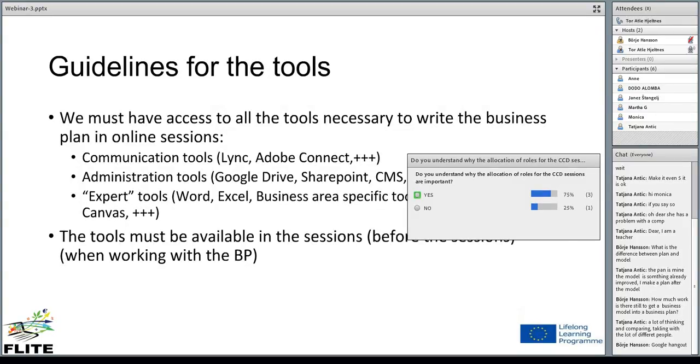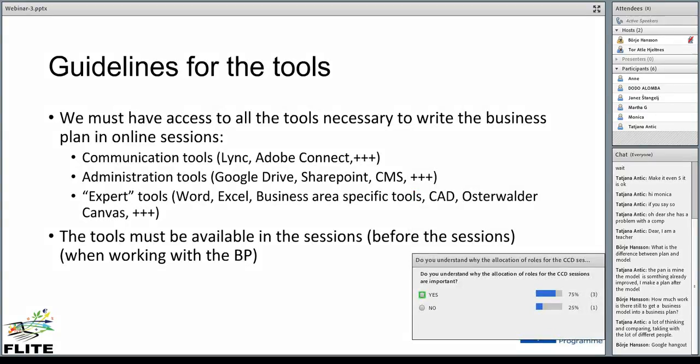When it comes to the tools you're going to use, it's important that we have access to all tools necessary to write the business plan in online sessions. Because like I said, we're not just going to have meetings between the students, but hopefully you will have what we call work sessions. And if you don't have access to the tools you need, you can't do the job.